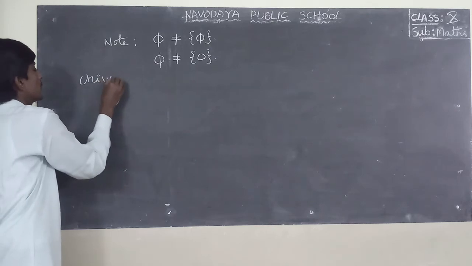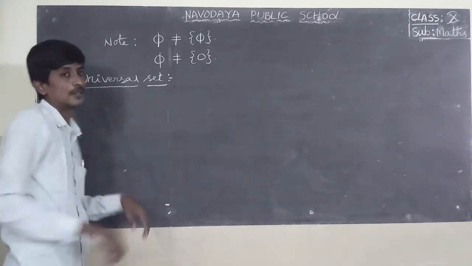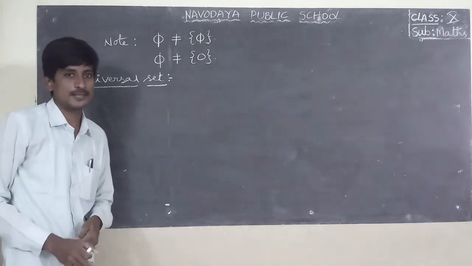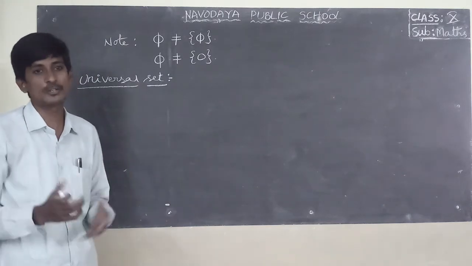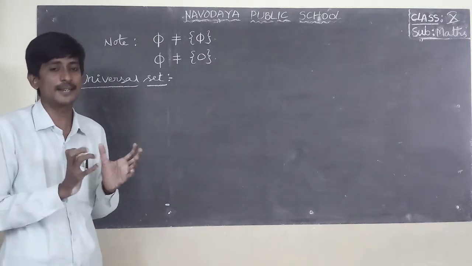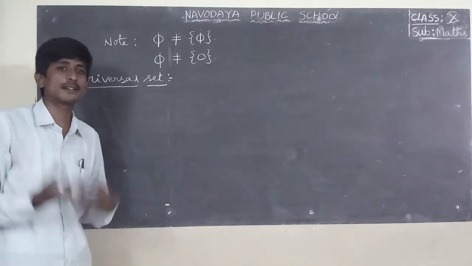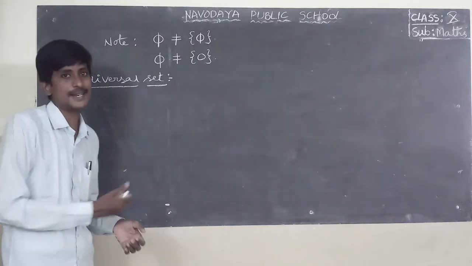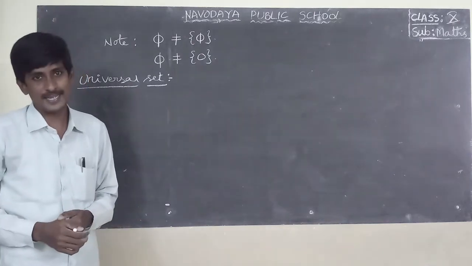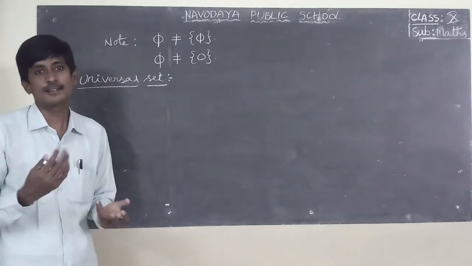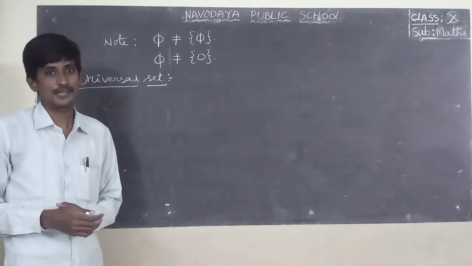The second one is the universal set. Universal set means, for example, our world. The world is one universe. In this set, in the world, there are so many continents, countries, and states. So the world is the universal set for the remaining states, countries, and continents, because it is the highest one.